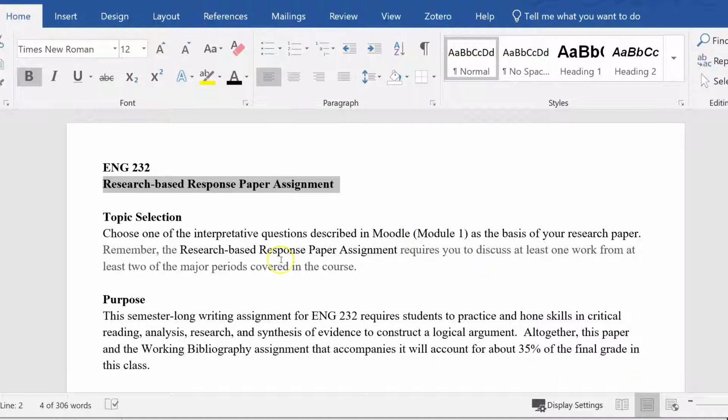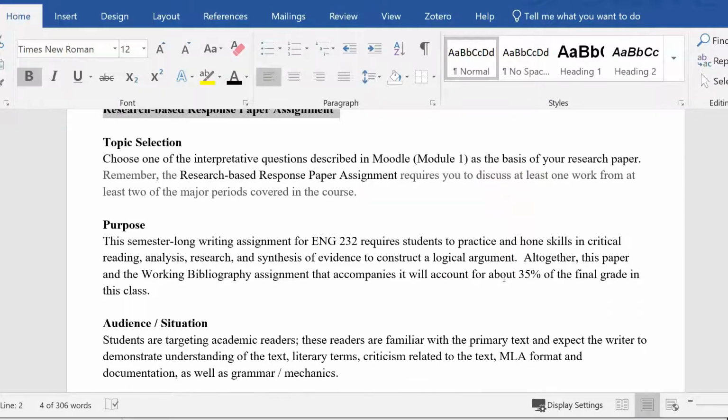So you would choose one or two works from the first period and compare those works to how later works deal with the same topic, either in the between-the-wars era or the post-World War II era.